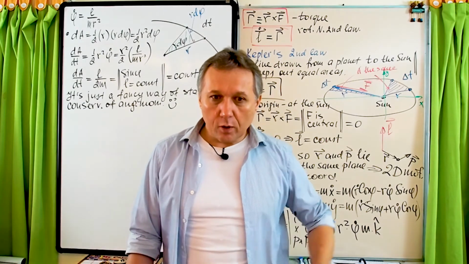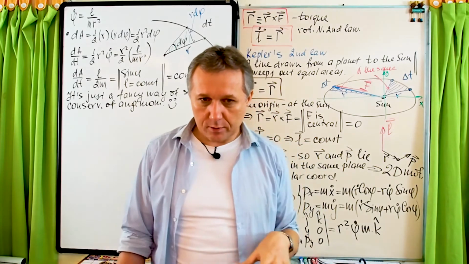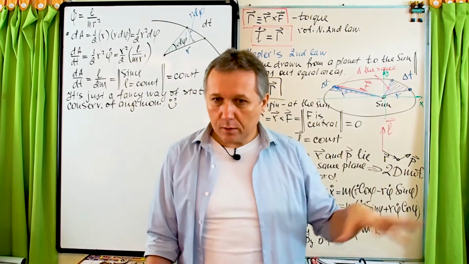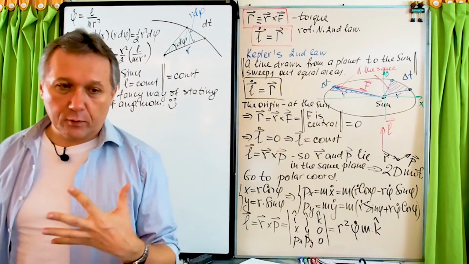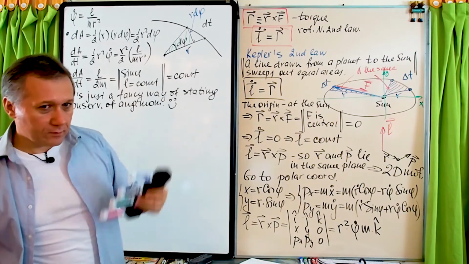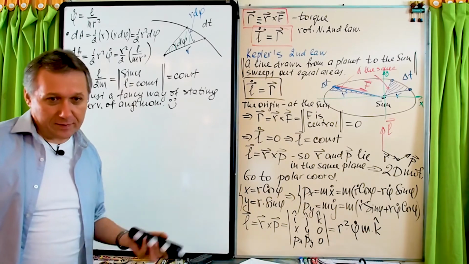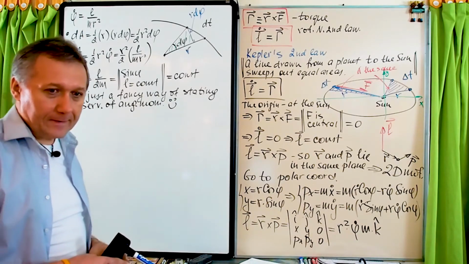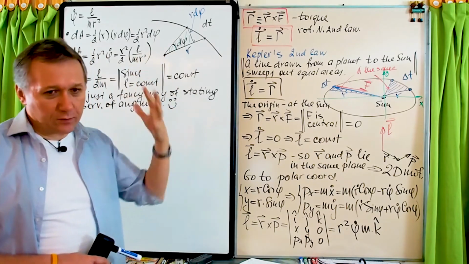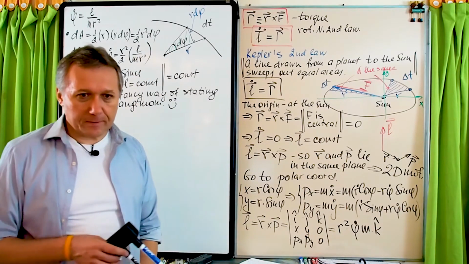For each Kepler's law, we're going to look at these limitations. In this case, it's correct for any central force. And of course, also true for the force of gravity because it's a central force. Electric force is a central force, right? But you can come up with tons of central forces, not just 1 over r squared forces.